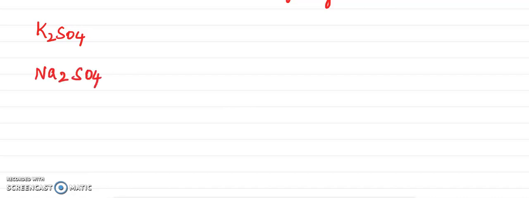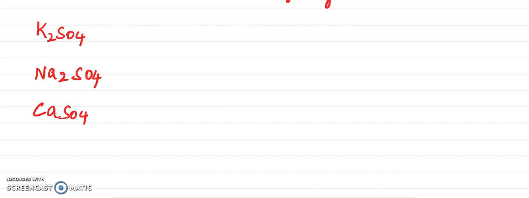Let's check one or two more examples in your book. There is an activity where you have to write the chemical formula for the given salts. Potassium sulfate you can write as K2SO4, and sodium sulfate as Na2SO4. Calcium sulfate is CaSO4.